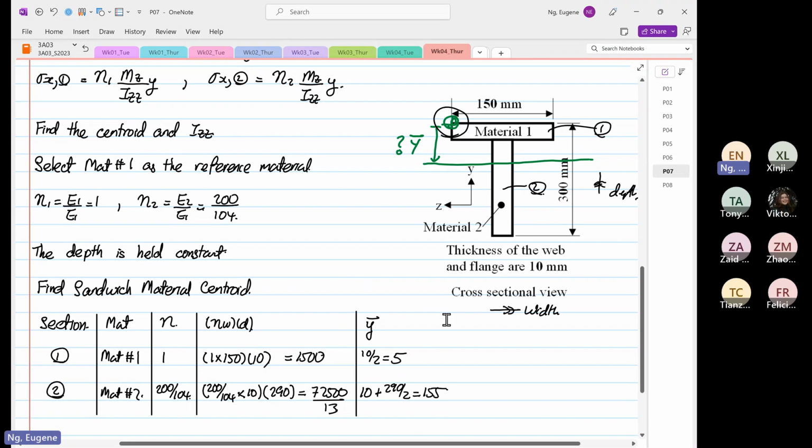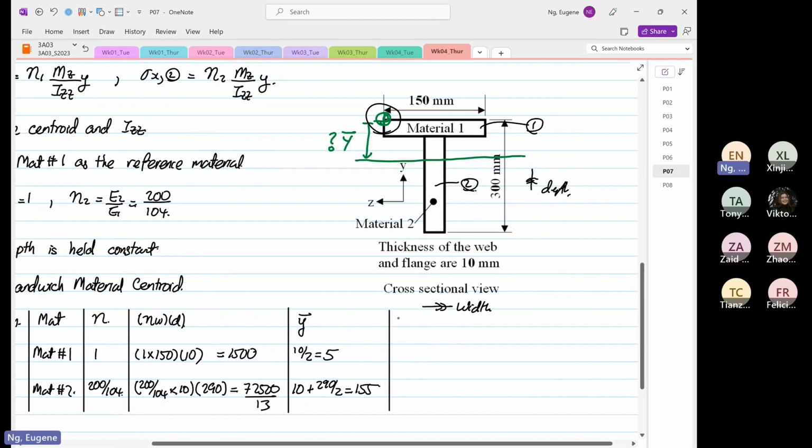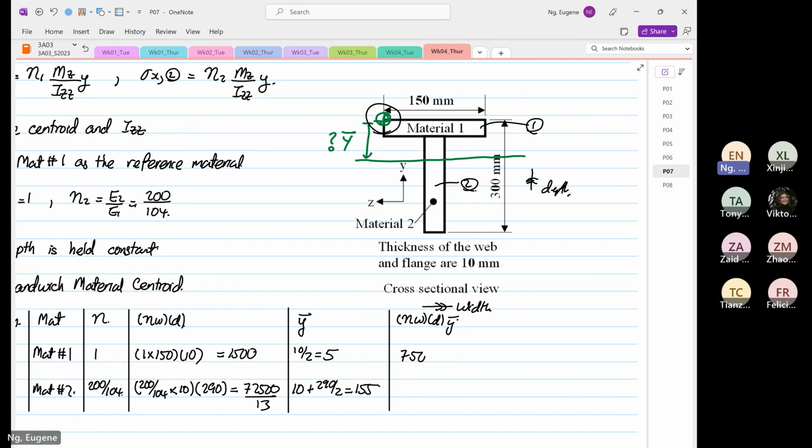And then the last column, we are going to calculate our N, W, D multiplied by y bar. So 1500 times 5 is 7500. 72500 over 13 times 155 is 864.423 times 10 to the power 3.